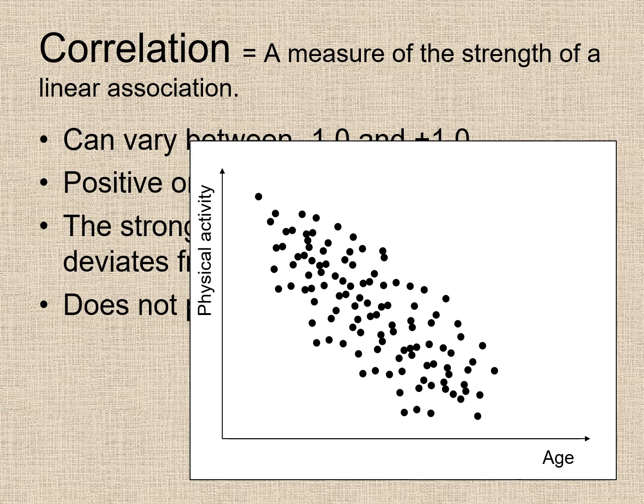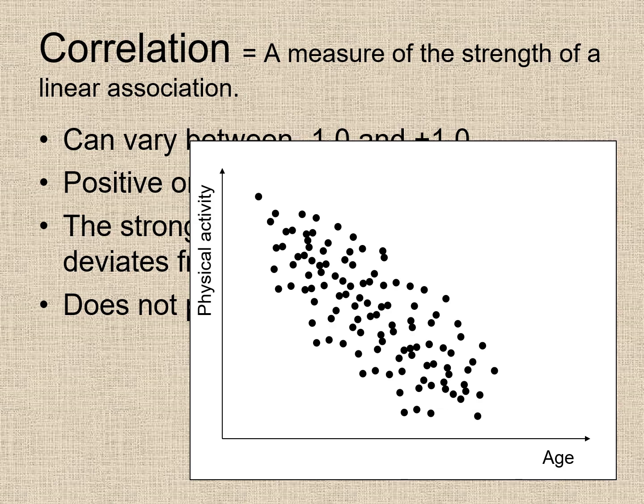Another example might be if we, on the y-axis, instead of physical activity, had something like sharpness of eyesight. So if we had sharpness of eyesight on the y-axis, the scatter plot would indicate that the older you are, the less sharp eyesight you have. The younger you are, the sharper your eyesight.